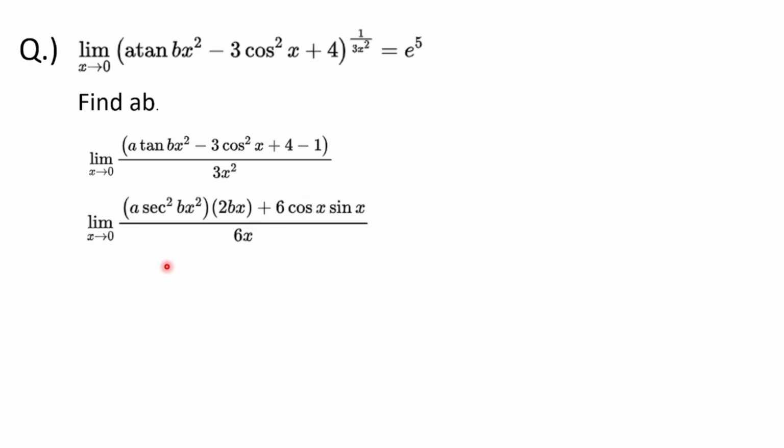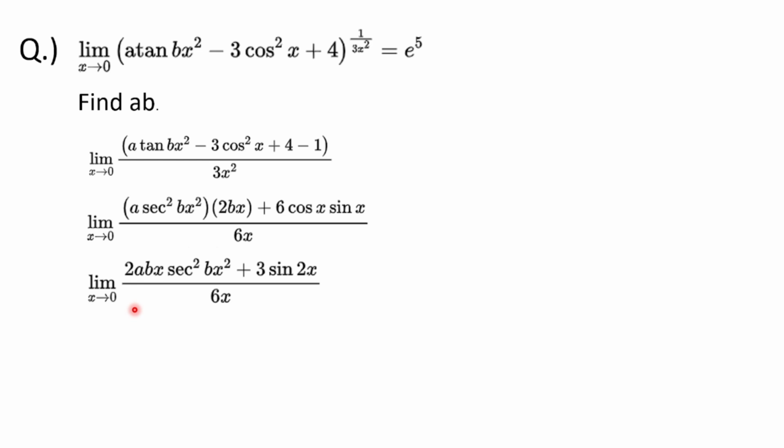On applying L'Hospital's rule, we get limit as x tends to 0 of a secant square bx squared multiplied by 2bx as the chain rule, plus 6 into cos x sin x, divided by 6x. What is 6 cos x into sin x? It is 3 sin 2x, right?